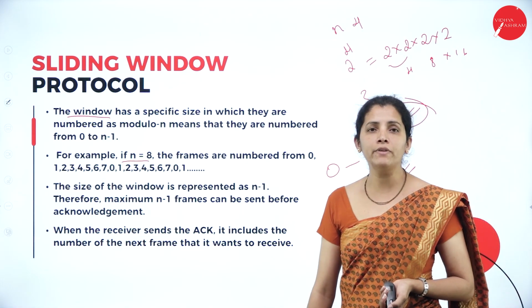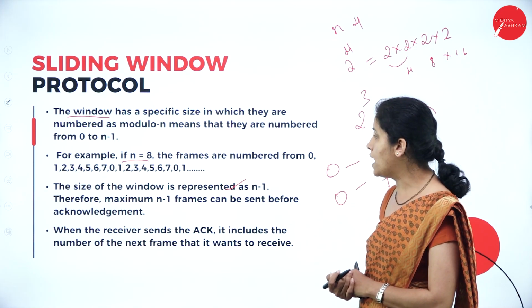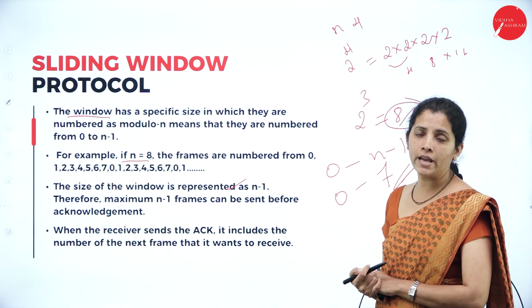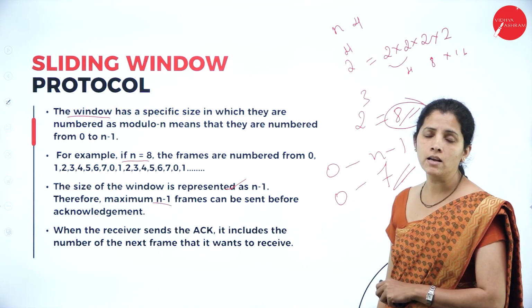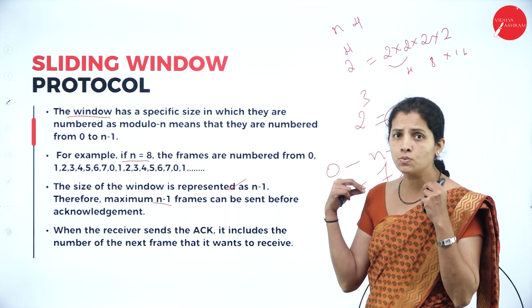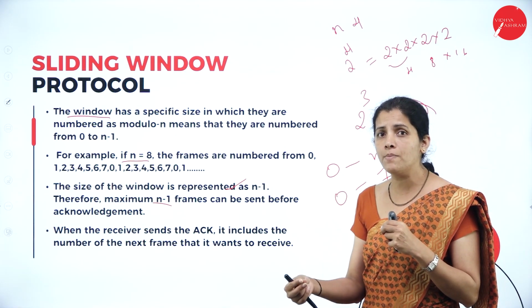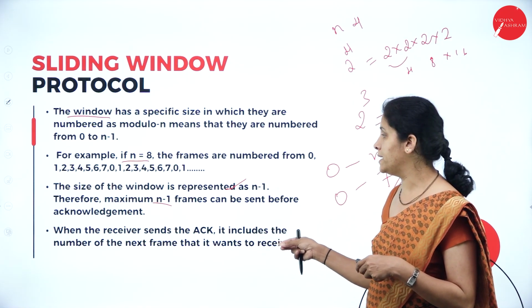The size of the window is n minus 1, and the maximum frame I can have here is n minus 1. In the sense that I am going to send n minus 1 frames before receiving any acknowledgement.